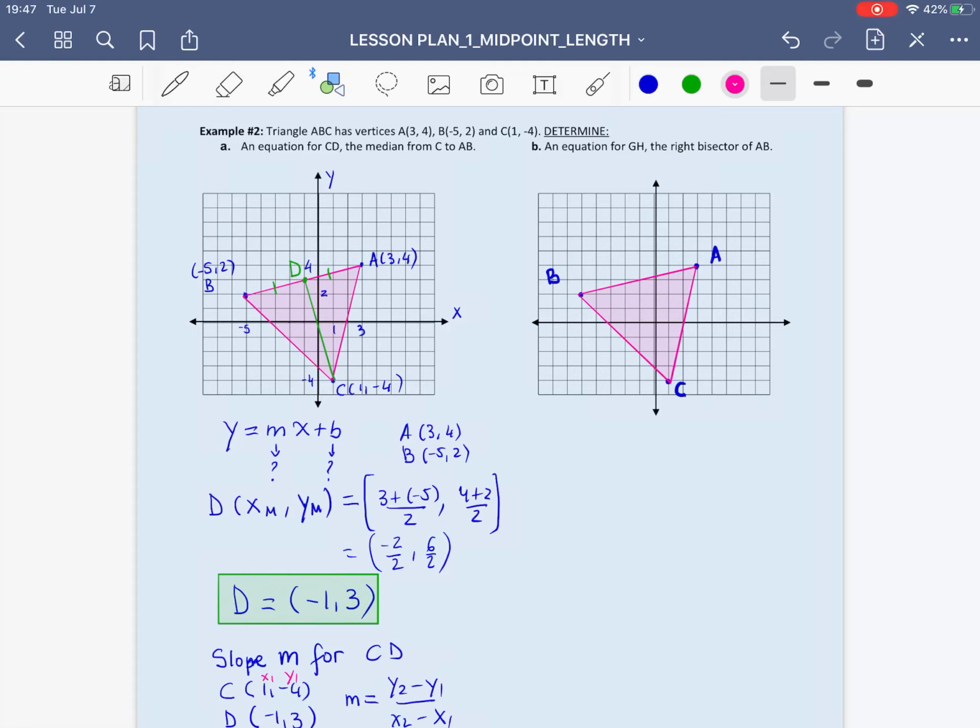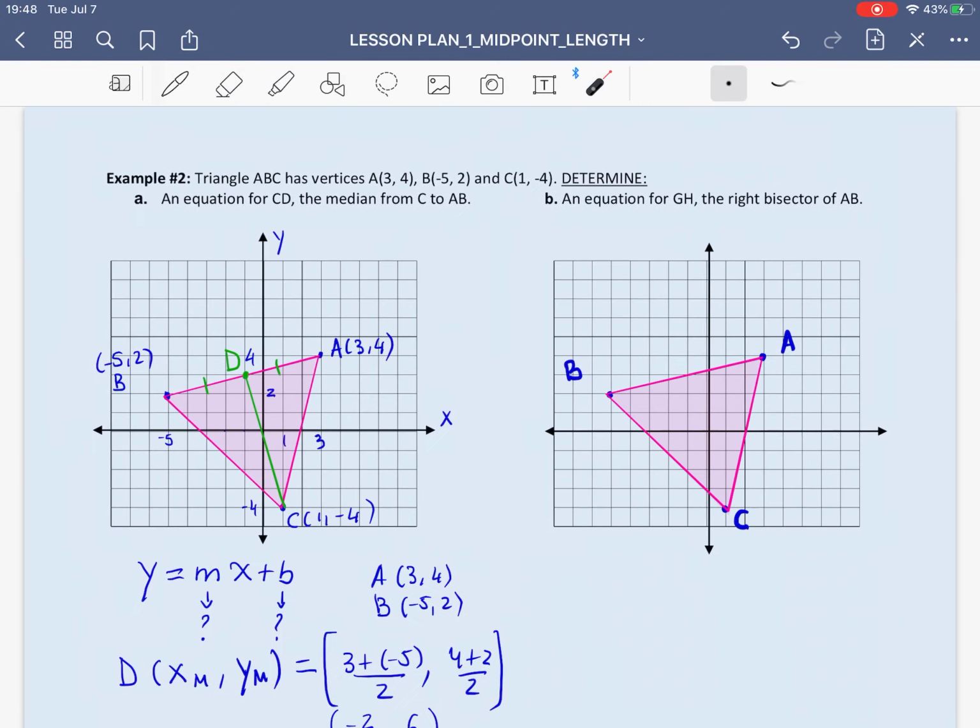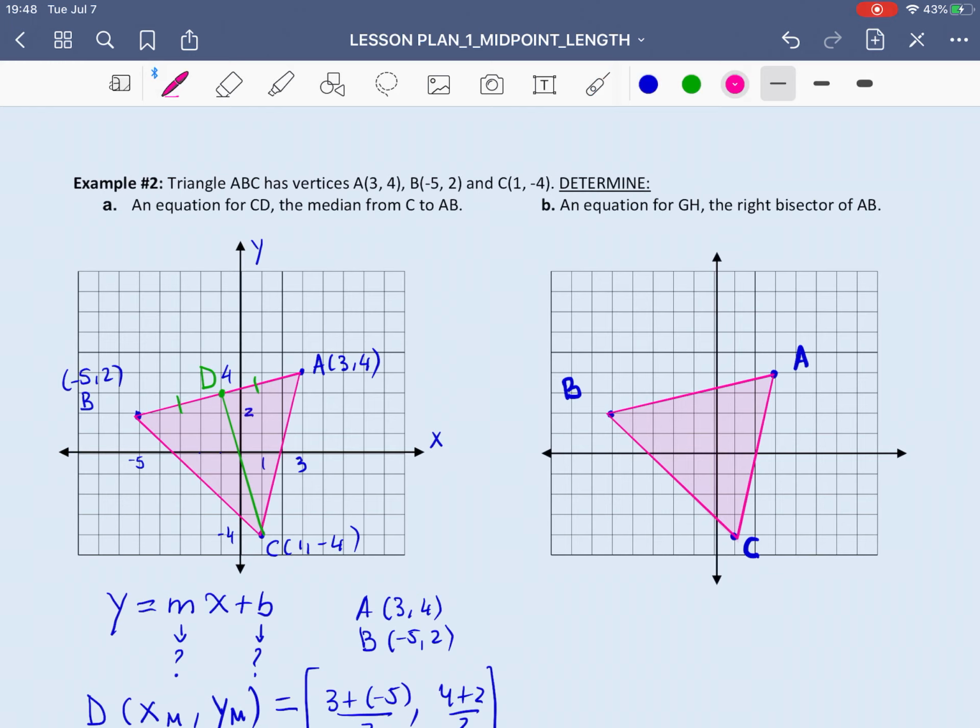Okay, awesome. So we need to find the equation for GH, where GH is the right bisector of AB. So first, let's locate AB. AB is right here. Now, we want to draw the right bisector on AB. Remember the concept of right bisector, the definition. To bisect something means to divide into two equal parts.